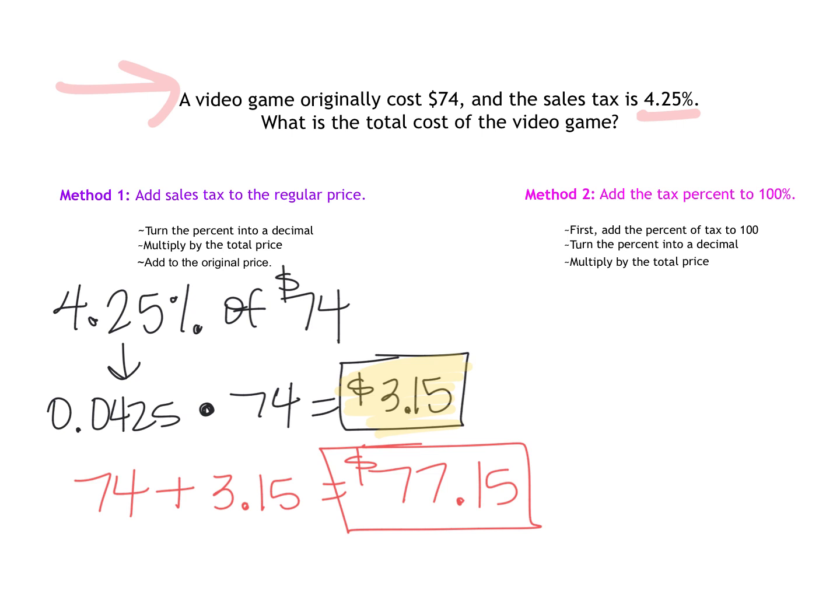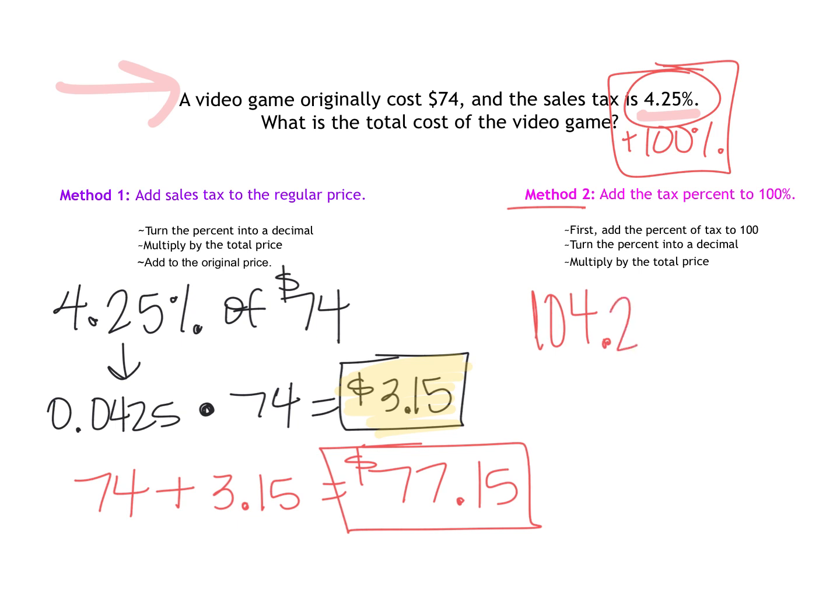Okay, method 2 would be to add the tax percent to 100%. So we can take 4.25% and add it to 100%, because really what we're basically doing is taking 104.25% of 74. So 100 plus 4.25 would be 104.25% of 74.